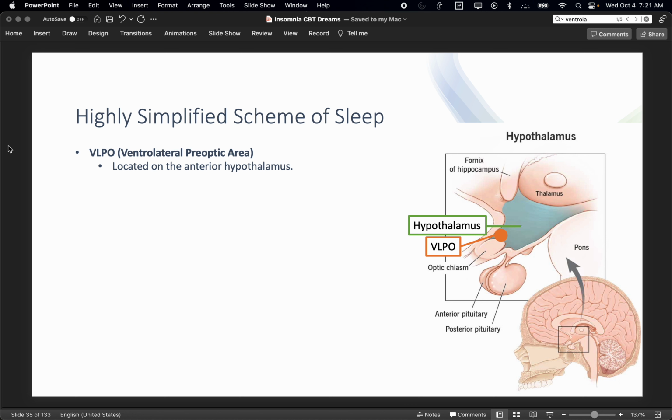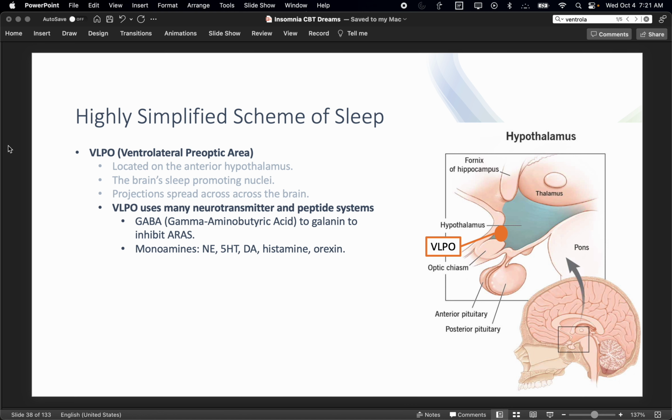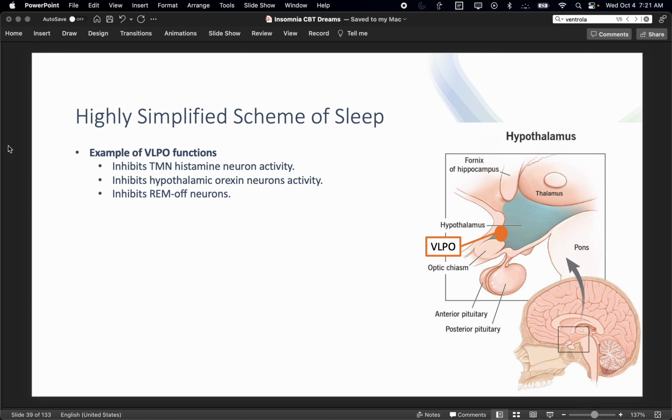It's just above the optic chiasma. This is the brain's sleep-promoting nuclei, with projections across the brain, like we said. It uses GABA and galanin to inhibit ARAS, so it can promote sleep. It affects serotonin, norepinephrine, dopamine, histamine, orexin.